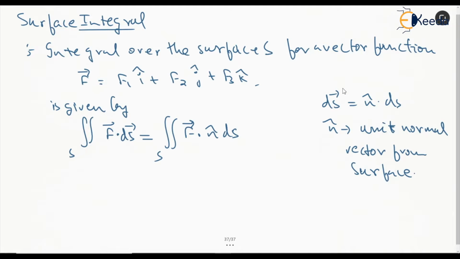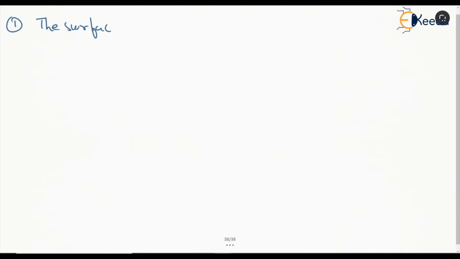Now there are generally two ways we are going to approach this. The first one is where the surface will be given. Let's say the surface will be given as z equal to a function of x comma y, and of course F is already given, like we had said, f1 i plus f2 j plus f3 k.